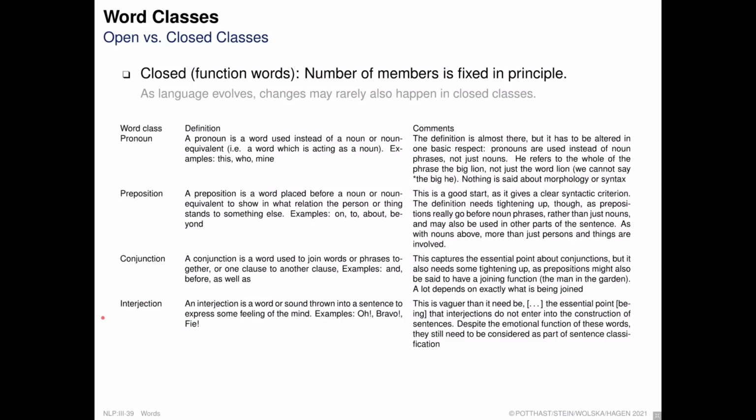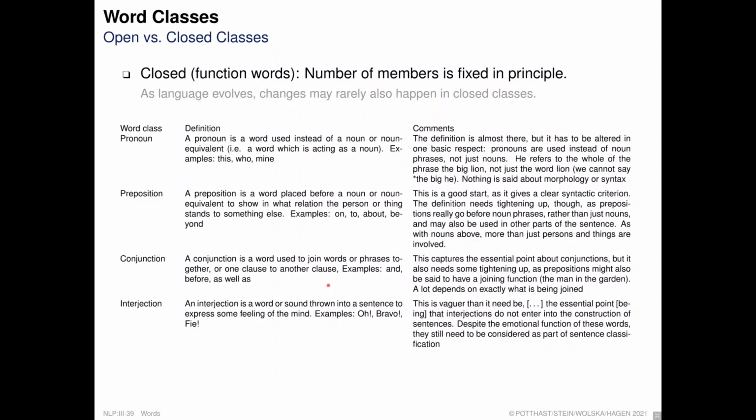Interjection is an interesting class of words that denotes some feeling or carries some paralinguistic information.